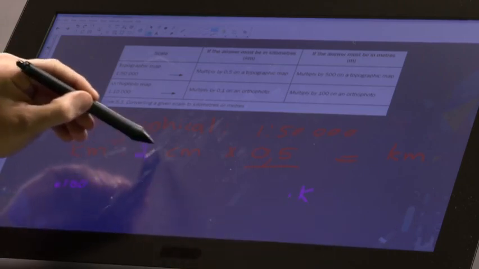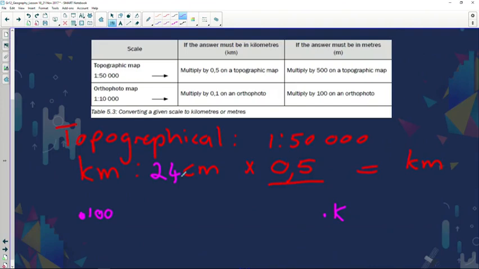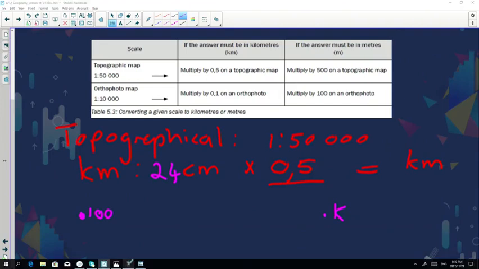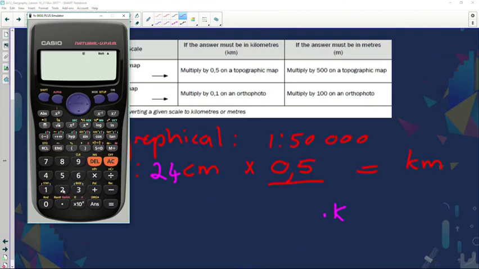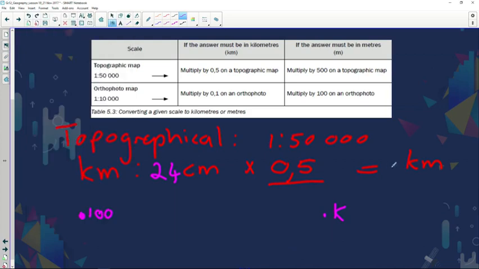So you write down 24 centimeters times 0,5. Let's quickly calculate that. 24 times 0,5, and your answer is 12 kilometers. And that's how easy it is.